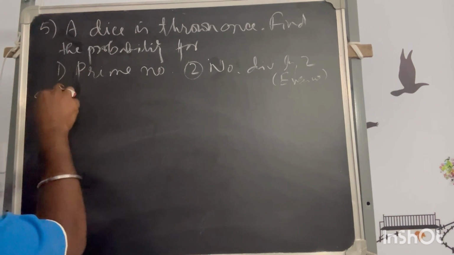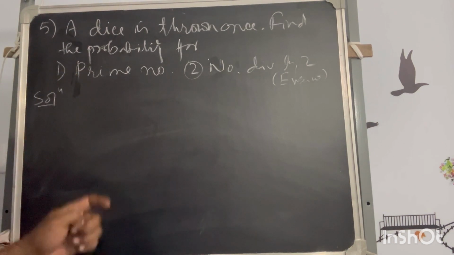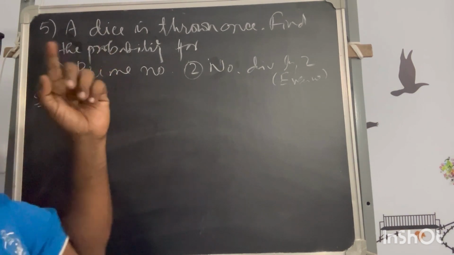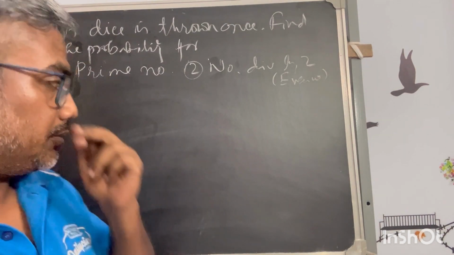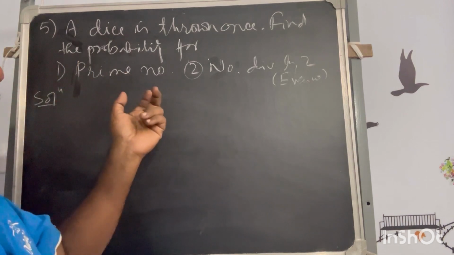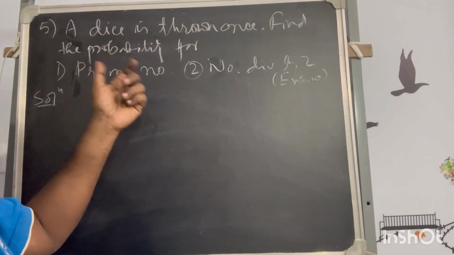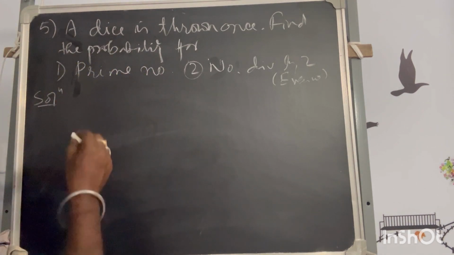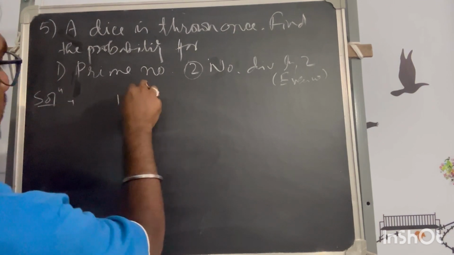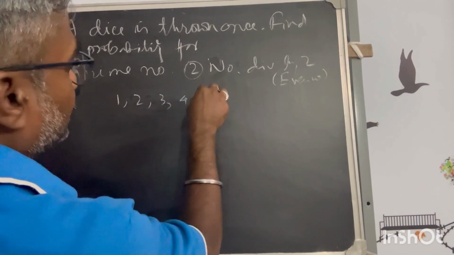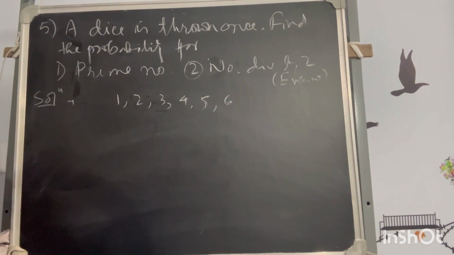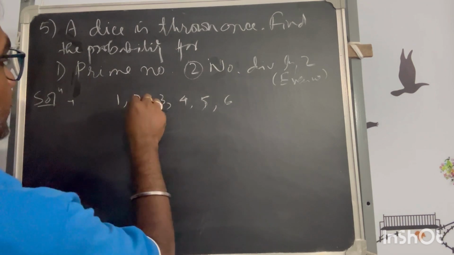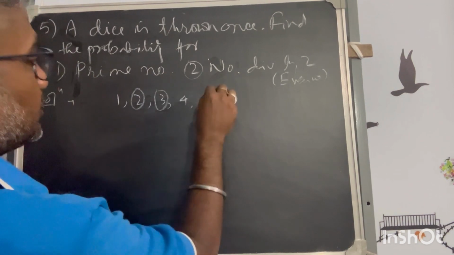So let's start. As I already described what a prime number is and why 1 is excluded from being a prime number, I need not repeat it again. When you see the numbers on the dice, they are 1, 2, 3, 4, 5 and 6. These are the 6 possible results that may arise if you throw a dice. The prime numbers among them are 2, 3 and 5.